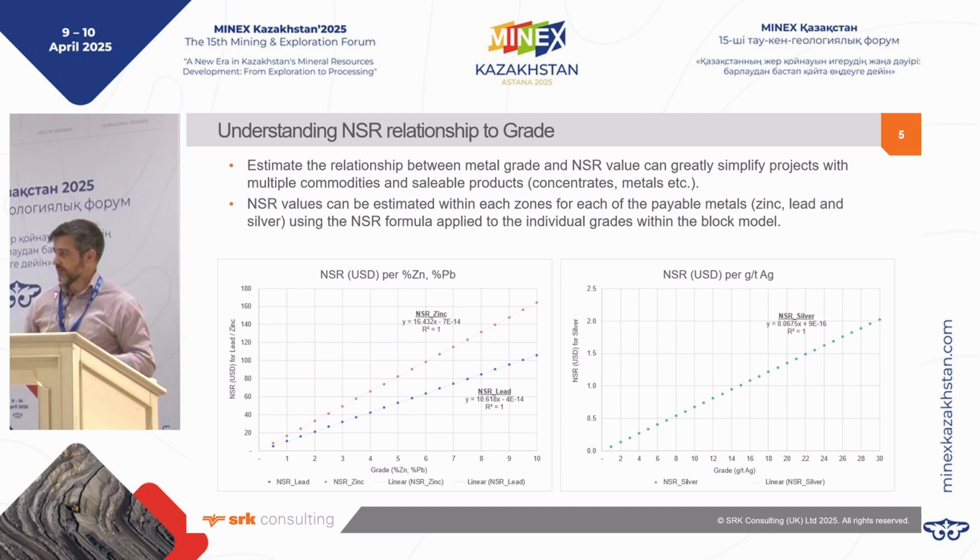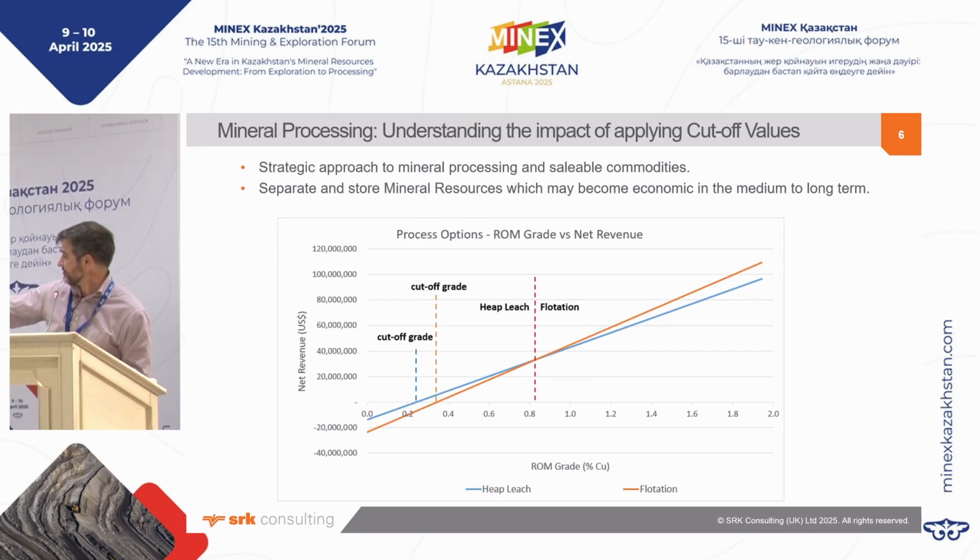And once you've worked your way through all of that, you come out with these very nice, I don't think the pointer's reaching so far there, but right at the bottom of the table, you can see the end result is that we come to, in this NSR formula, a dollar value per gram of silver or per gram of gold, a dollar value per percent lead, per percent zinc, and all of those individual metals have had the appropriate recoveries and costs taken into account.